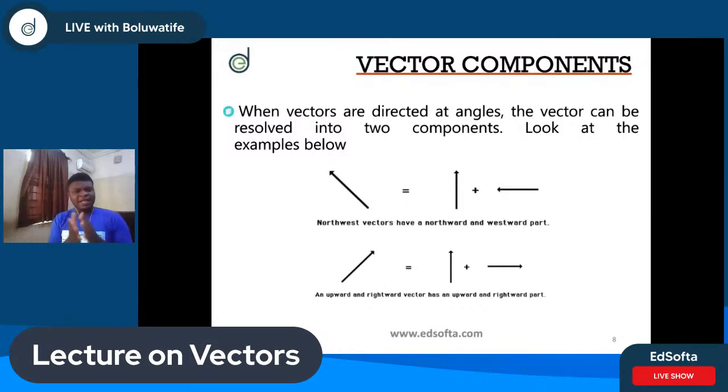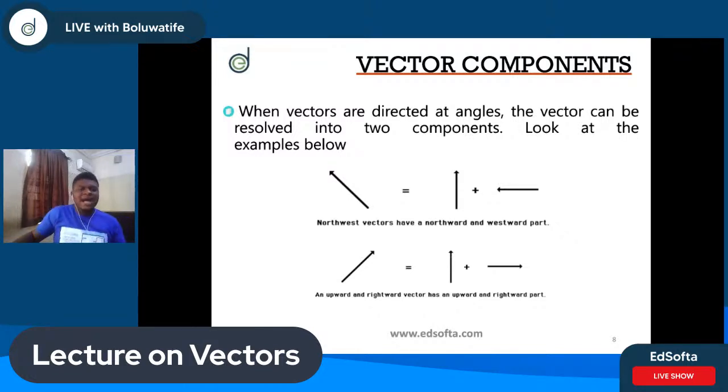Generally speaking, when your vector is tilted at an angle that is not 90 degrees, so this can be 30, 50, any angle, that is not perpendicular, we can resolve that same vector into two components. We normally say the horizontal component and the vertical component.